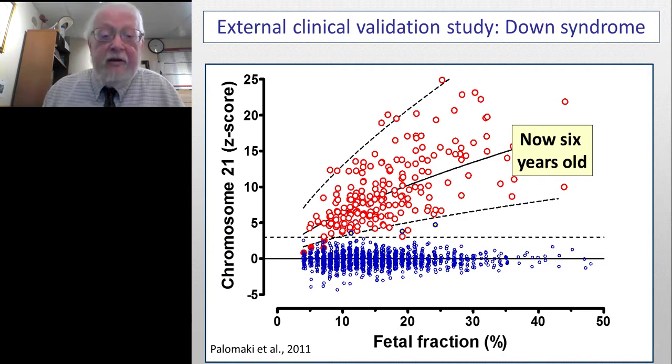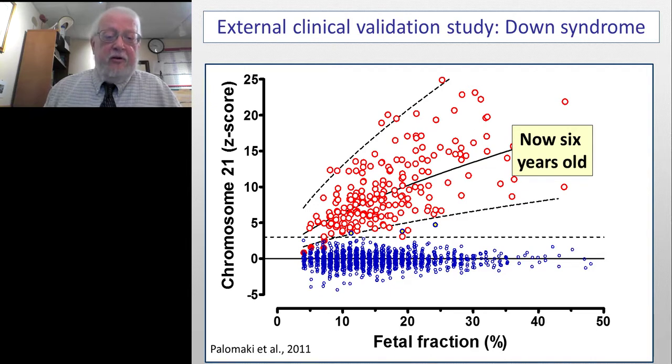Pretty unlikely to be above, but if you look real carefully, there's 1, there's 2, there's 3. So 3 out of about 1,500 would be falsely positive. So with this cutoff, the red dots are the Down syndrome cases, and you can see that there are 1, 2, 3. Actually, there's 4 below, but only 3 of them were actually falsely negative.